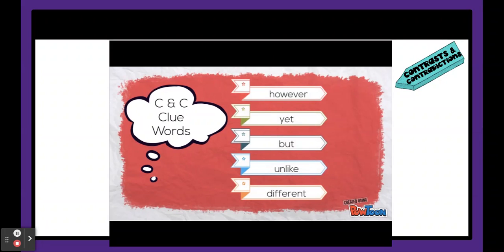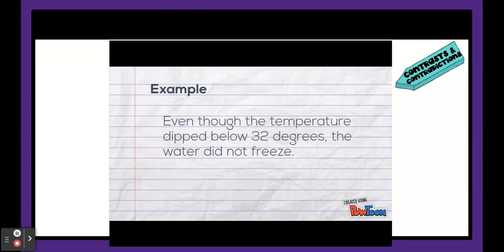Some contrast and contradiction clue words that you can spot when you're reading are however, yet, but, unlike, or different. Let's look at this example. Even though the temperature dipped below 32 degrees, the water did not freeze.